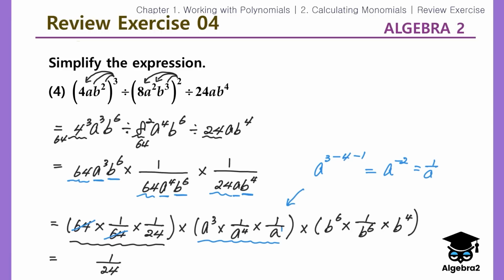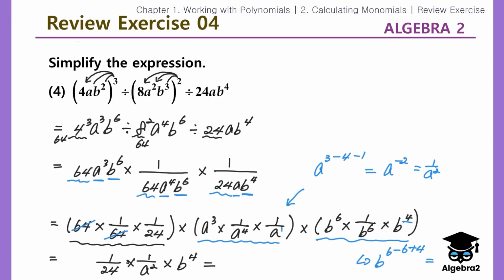So 1 over a squared, right? So this is just times 1 over a squared times, this part right here, that's going to be b to the 6 minus 6 plus 4, right? So 6 minus 6 is 0, 0 plus 4, that's 4. So times b to the 4.